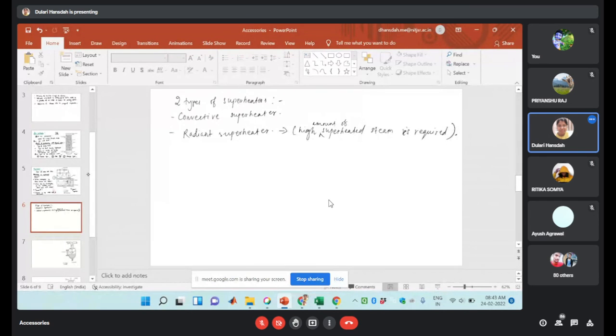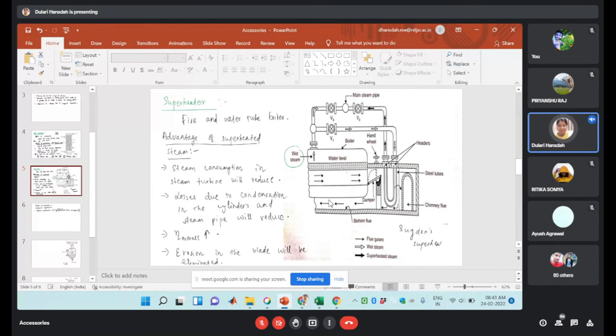This is the radiant superheater, where it will take the heat from the radiation process. In convective superheaters, the heat of flue gases will be utilized directly by the convection method. So this is the diagram for the Sturgeon's superheater.